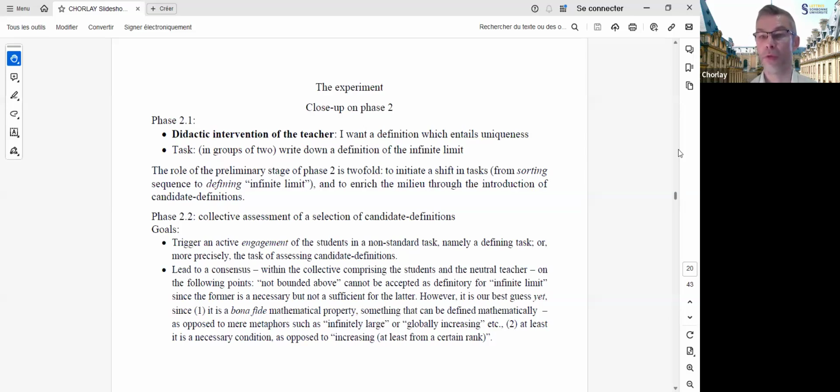So for instance, root 4 could be either 2 or -2. Okay? And you didn't require unicity for limits. For instance, Cauchy, in the 1820s, in his lessons in the École Polytechnique, writes, the limit of sine 1 over x, where x tends to positive infinity, is the whole -1 to +1 interval.